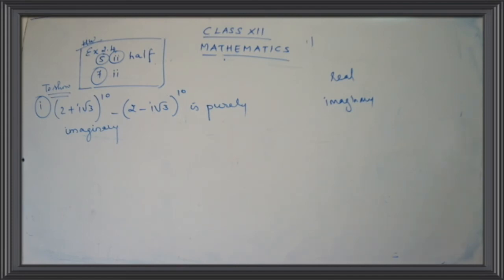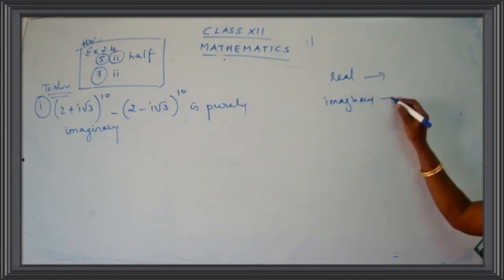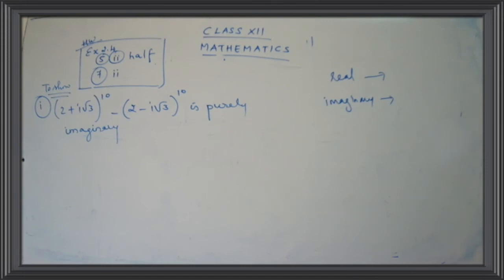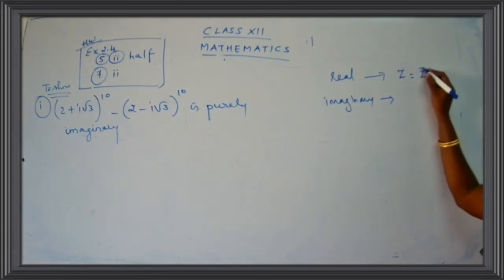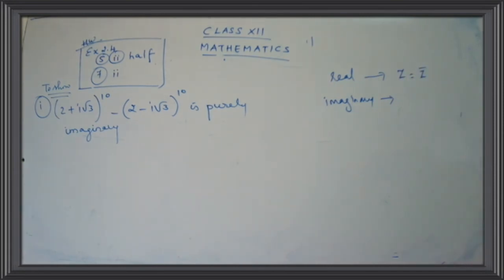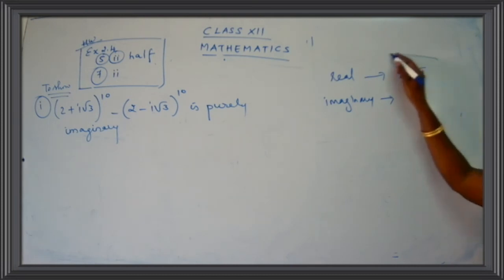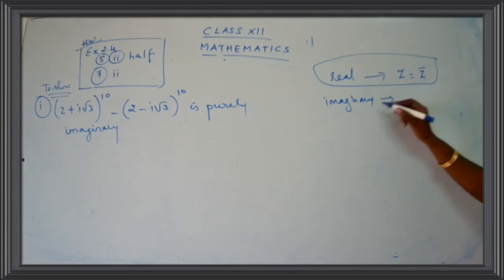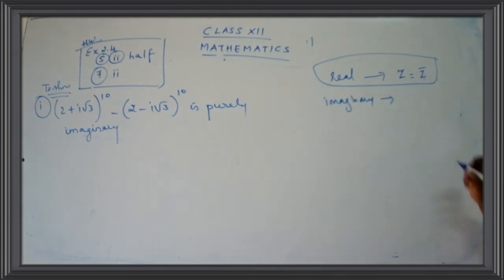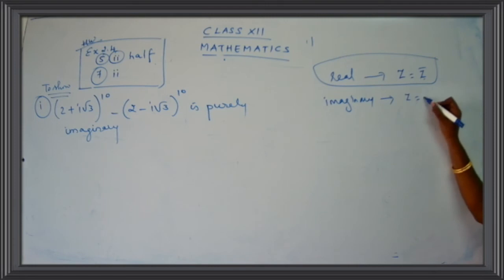So understand the concept first. We say the numbers are real when z is equal to z bar. Be clear with the concept, children. When you say it is real, z is equal to z bar. And when you call it imaginary, z is equal to minus z bar.